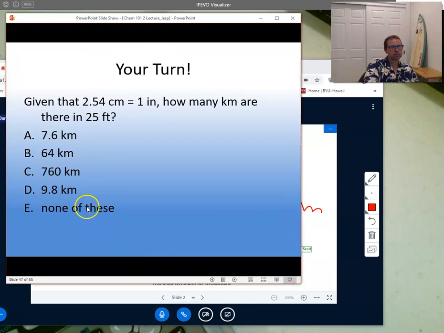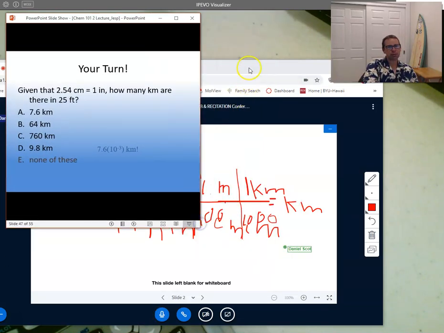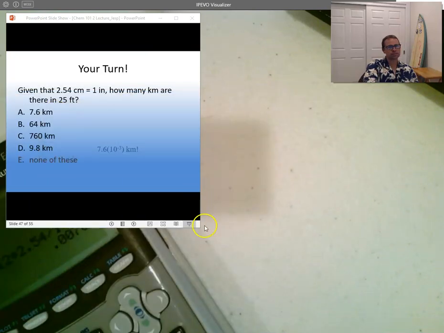Is that one of these answers? Yeah. No. So none of these, right? Very good. You got 7.6 times 10 to the minus 3 kilometers, right? Very good. So it's very, very small. It's much less than 1 kilometer, which makes sense. It's only 25 feet. A kilometer is big, right? All right. Very good. That was a good practice for doing dimensional analysis.